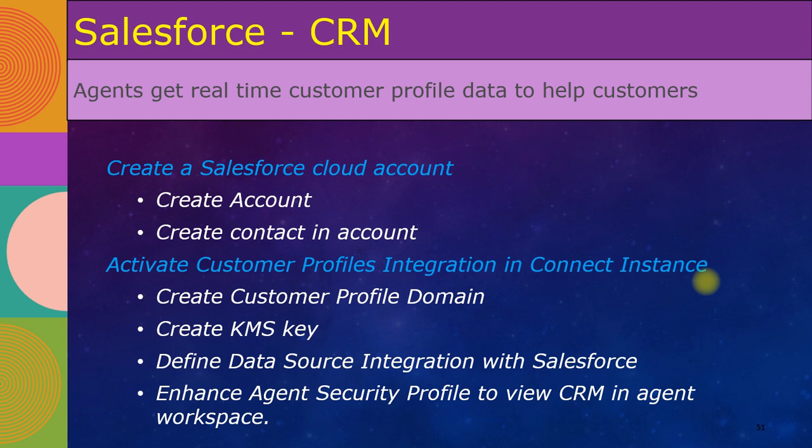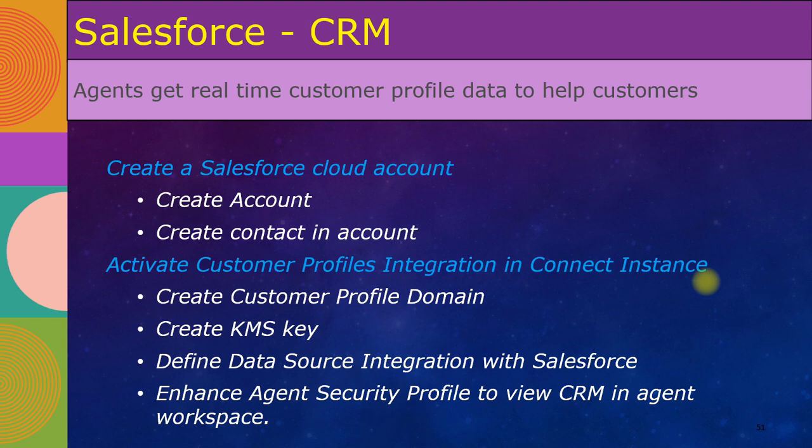The Amazon Connect instance and configuration has Salesforce configured so that it retrieves the profile for the user from Salesforce. I assume it's an existing customer, right? Let's just assume that for the moment. So the bottom line is the customer is in Salesforce.